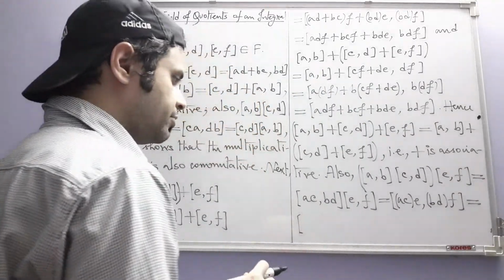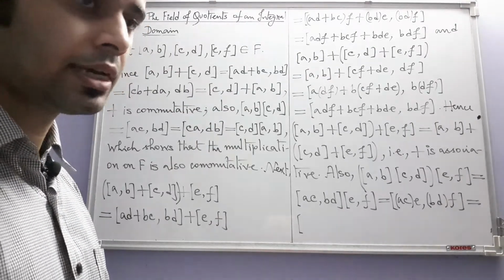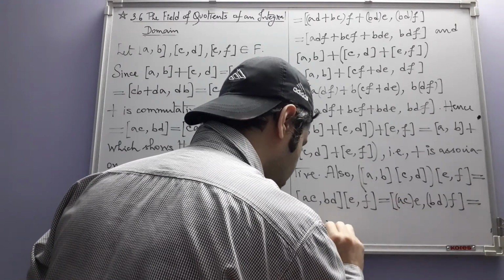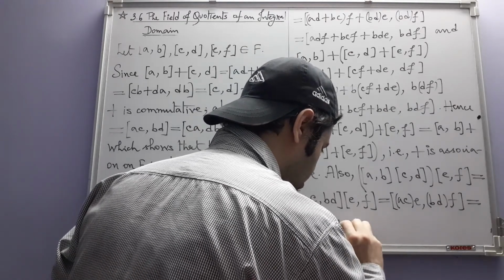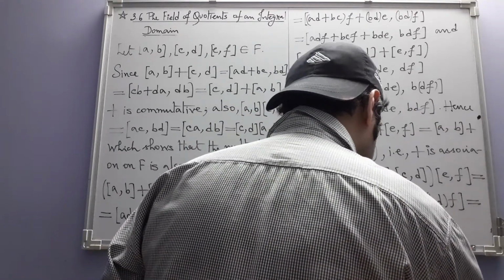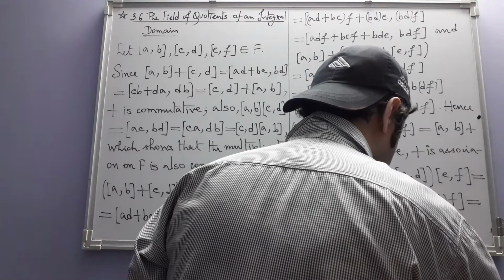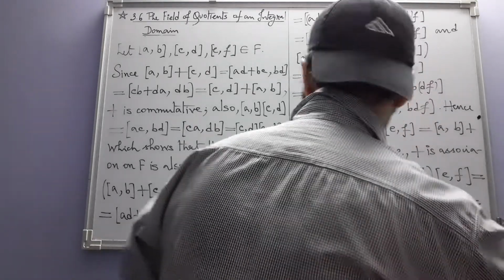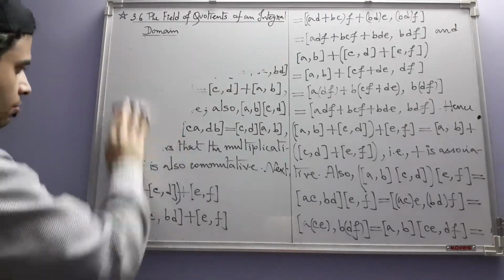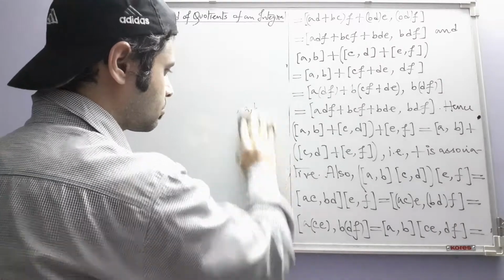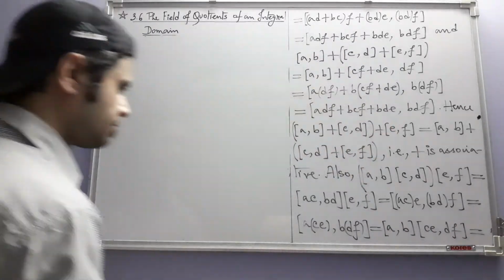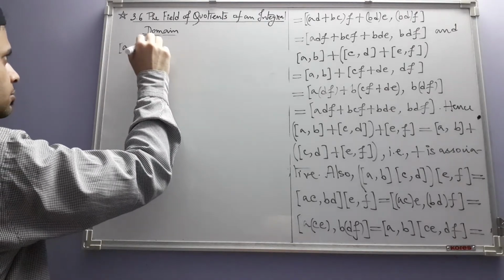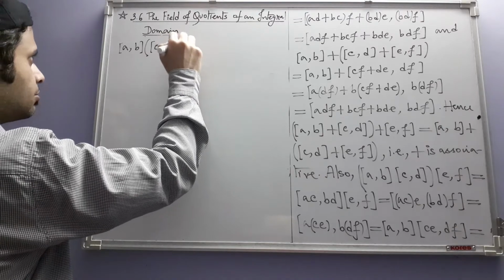So this is equal to, keeping in mind that the multiplication in the integral domain is associative, we can write these parts as (a times ce, b times df), which becomes (a, b) times (ce, df), and this becomes equal to (a, b) times ((c, d) times (e, f)).